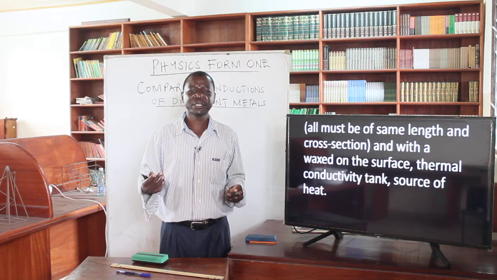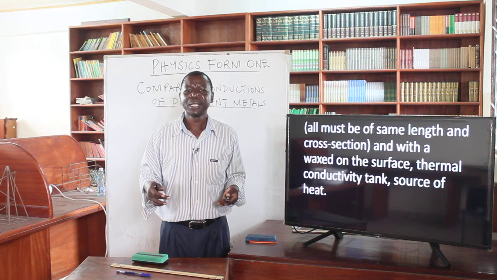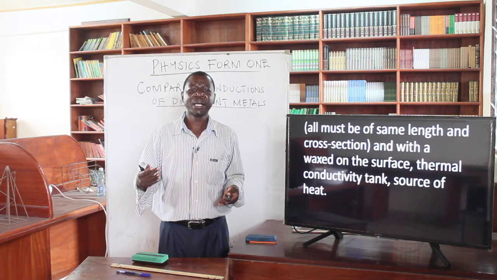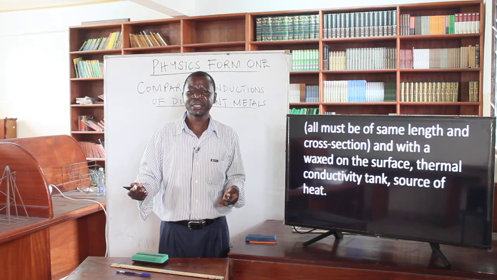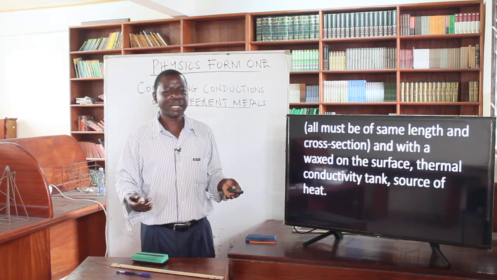We know wax can easily melt once it gets heat. So when the heat reaches there, the wax will melt, so that we observe the thermal conductivity of all those rods.